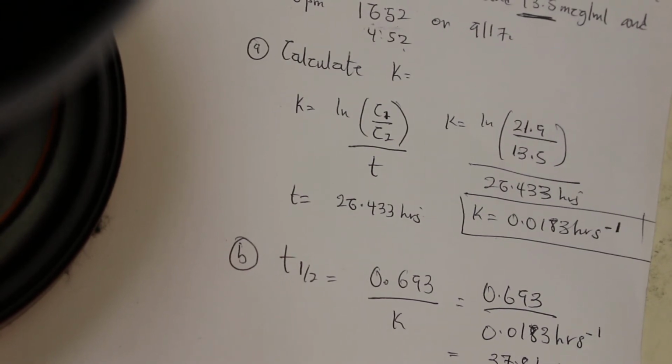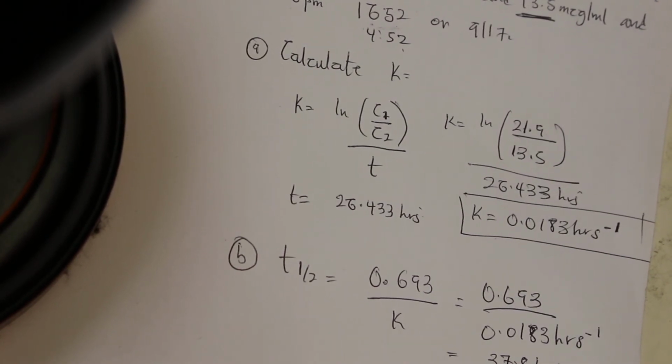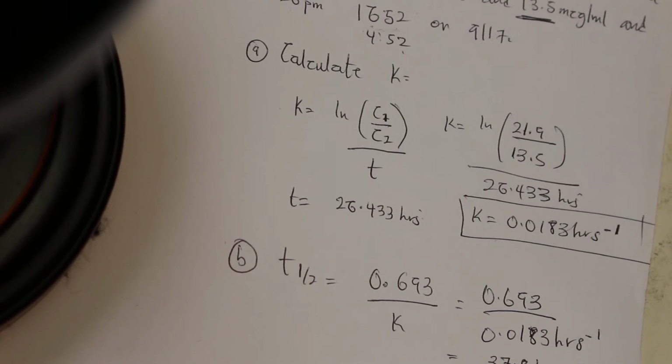Once you plug it in and calculate it, it comes out to be 29.7 micrograms per mL.